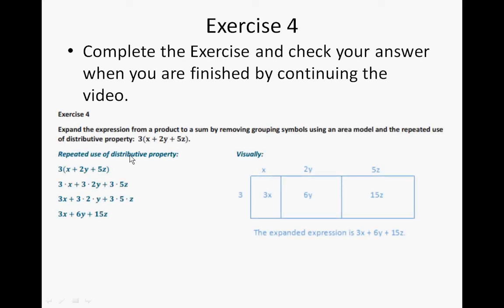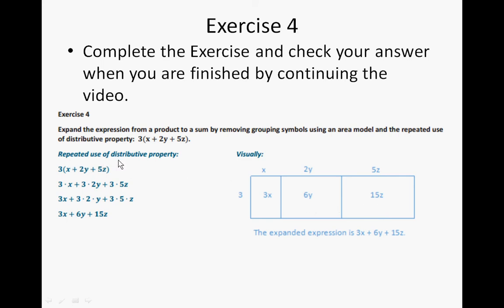So, expanding the expression of 3 times the quantity of x plus 2y plus 5z. Again, across the top you have x, 2y, 5z, and down the left-hand side you have multiplied by 3. So 3 times x is 3x, 3 times 2y is 6y, and 3 times 5z is 15z.